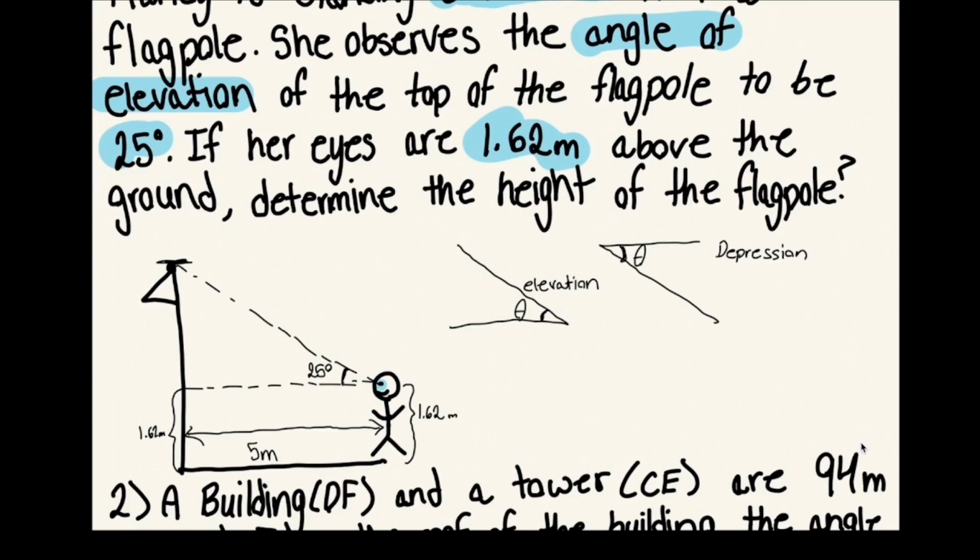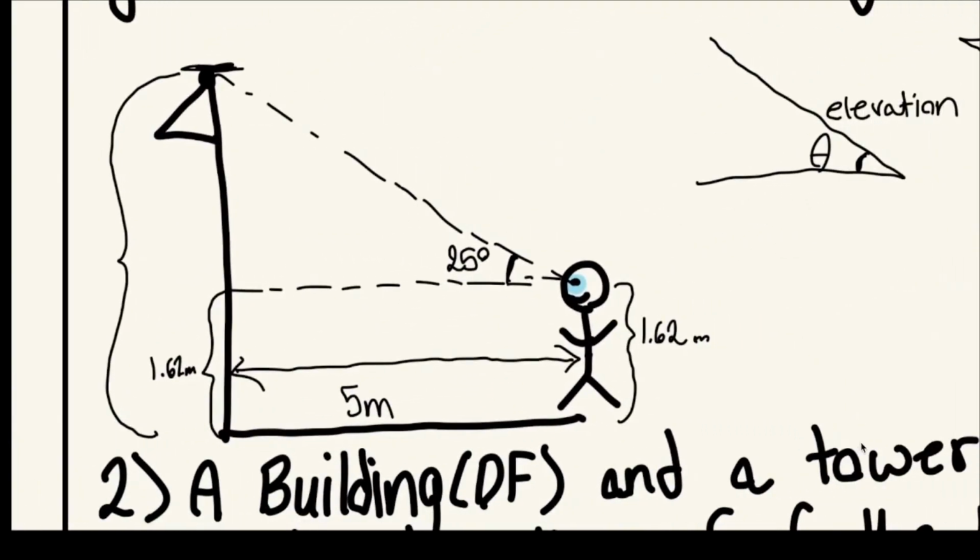The overall question wants us to determine the height of the flagpole, right? So we have to figure out the height of this whole thing right here. We'll just label this as height for now.